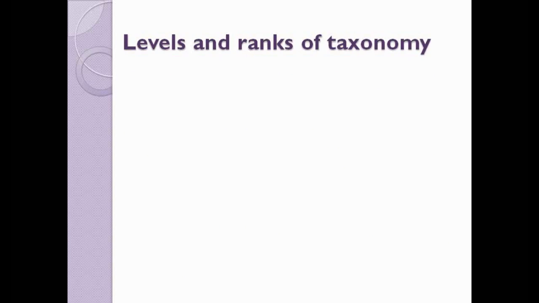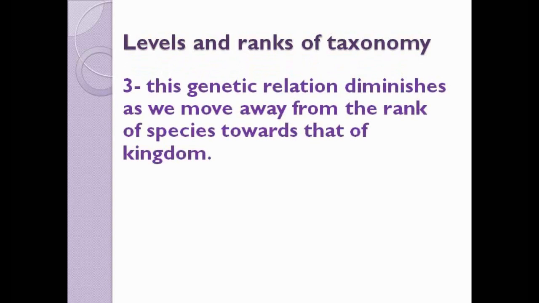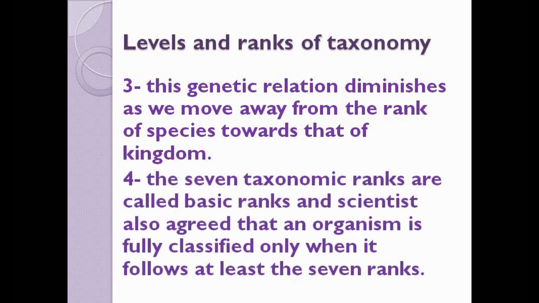These genetic relations diminish as we move away from the rank of species towards that of kingdom. Number 4, the 7 taxonomic ranks are called basic ranks, and scientists also agree that an organism is fully classified only when it follows at least the 7 ranks.